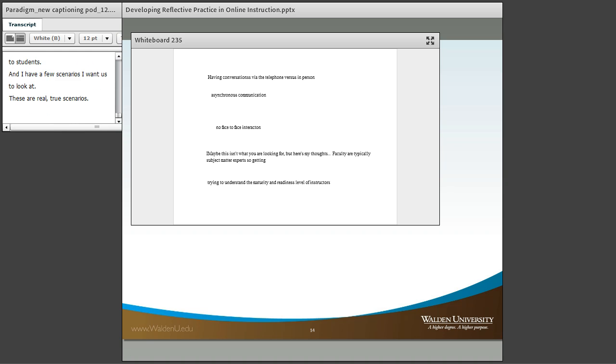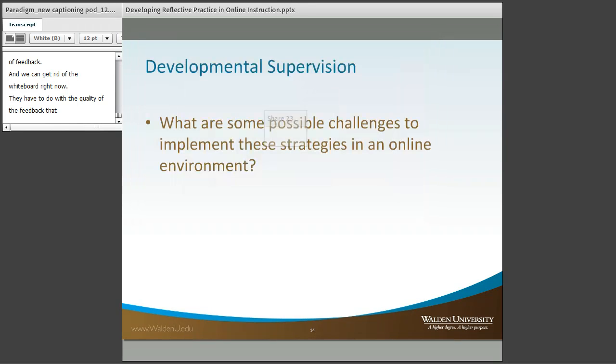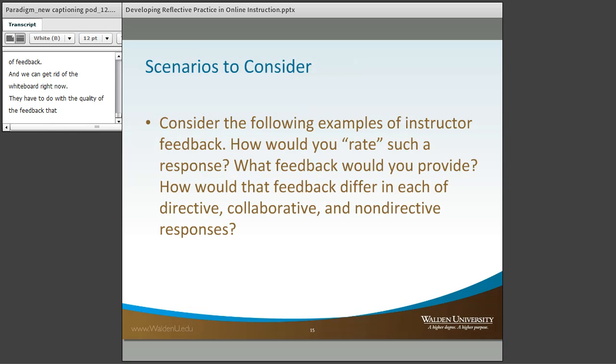And they have to do with the quality of feedback. And we can get rid of the whiteboard right now. They have to do with the quality of the feedback that instructors provide students.